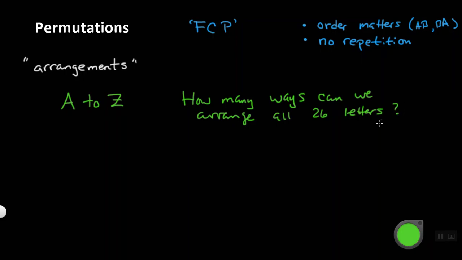Now, of course, that wording is not really clear. Can we repeat? Does order matter? Well, of course, we're going to use all of them, so we can't repeat anything. But I'm just going to update our wording a little bit. I'm going to refer to these things now as 26 letter permutations.